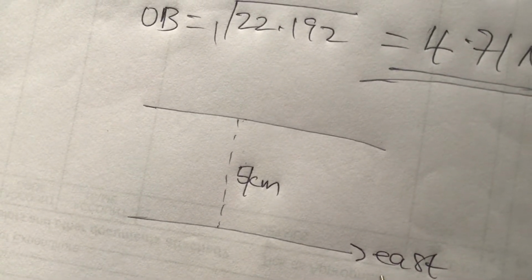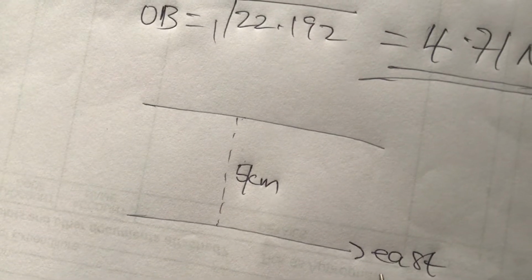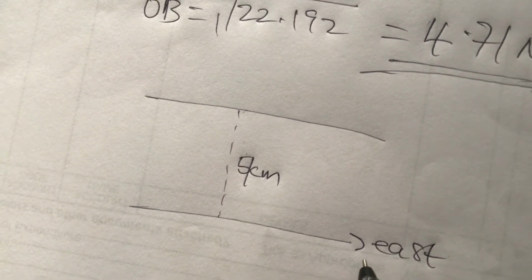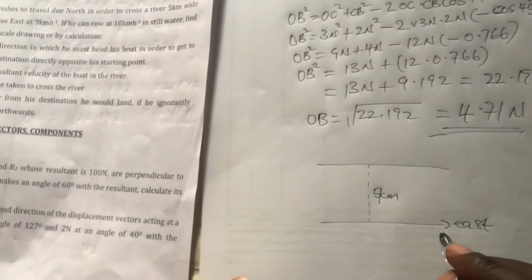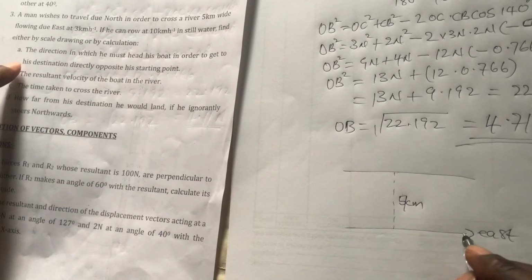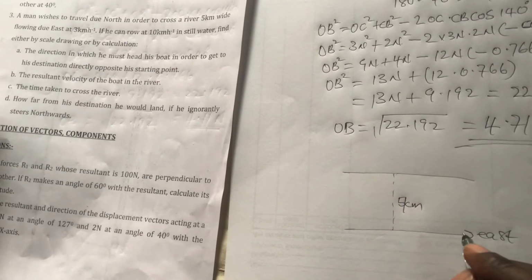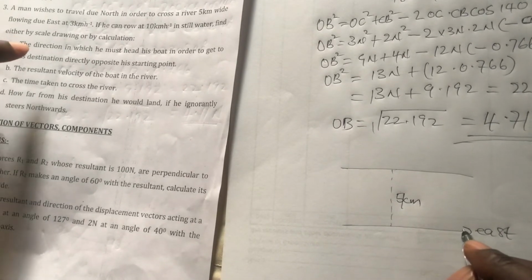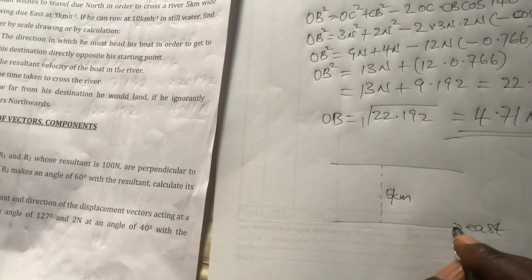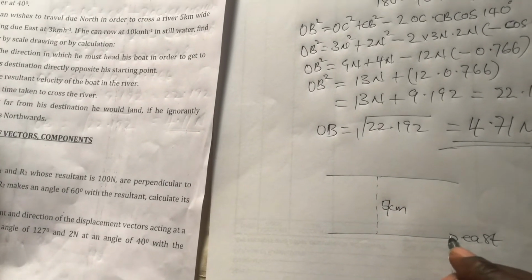He can row 10 kilometers per hour in still water. Find either by scale drawing or by calculation the direction in which he must head his boat in order to get to his destination directly opposite his starting point.